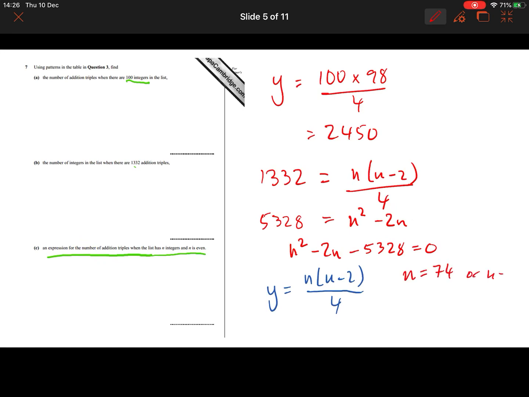And I get answers of n can be equal to 74 or n can be equal to minus 72. Well, n is not going to be minus 72. We can't have negative integers for this particular question. So there can't be minus 72 numbers of integers. It doesn't exist. So the answer is 74.